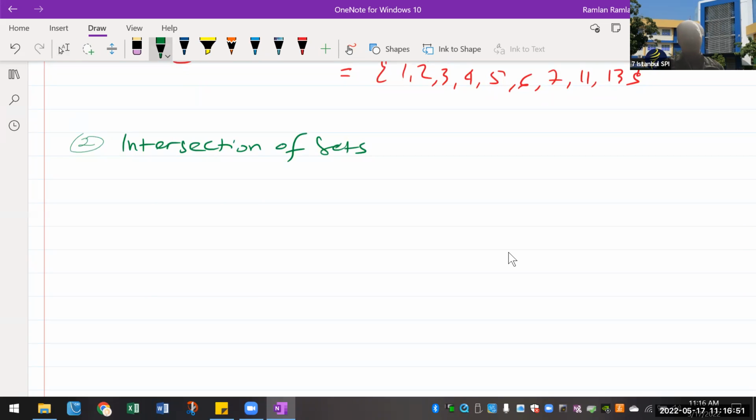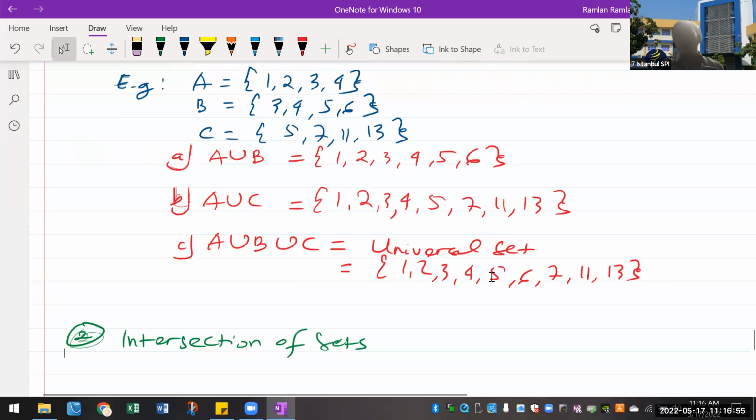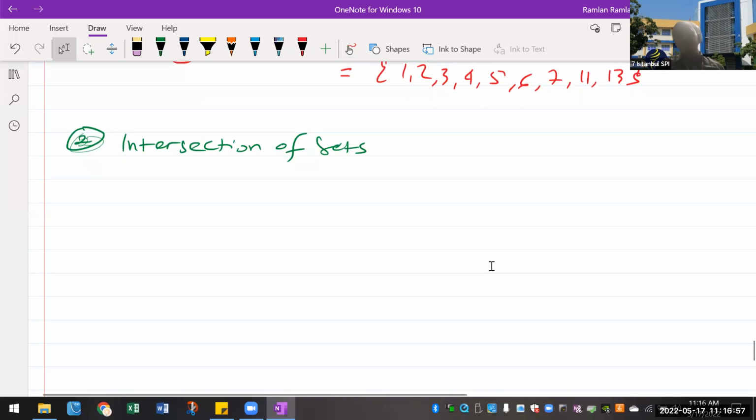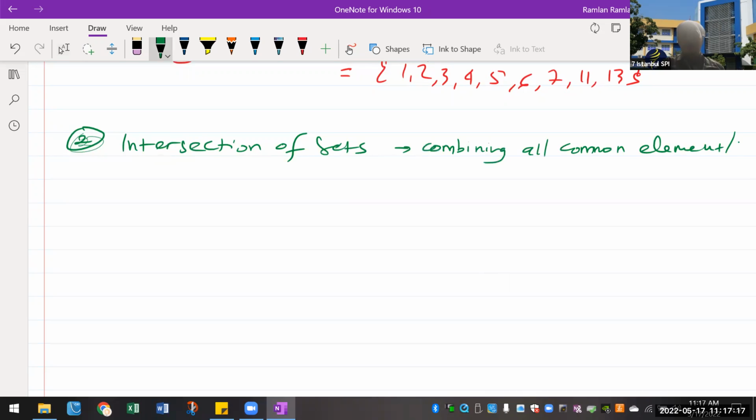Okay, intersection. So previously we were combining all the elements, but this one you're combining only the common elements. So I'm going to write down here: combining all common elements.